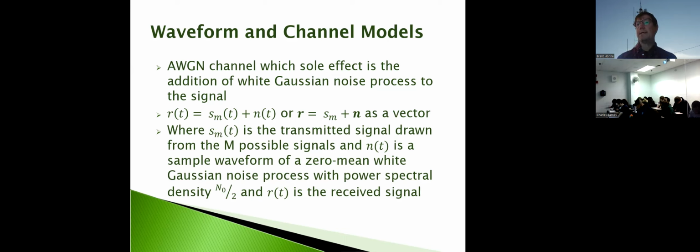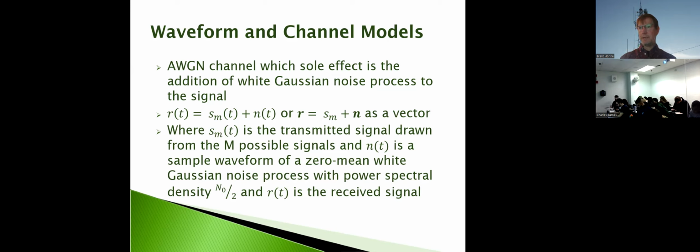And n(t) is a sample waveform of a zero mean white Gaussian noise process. We talked earlier about how we denote its power spectral density as N_0 divided by 2. And r(t) is the received signal.